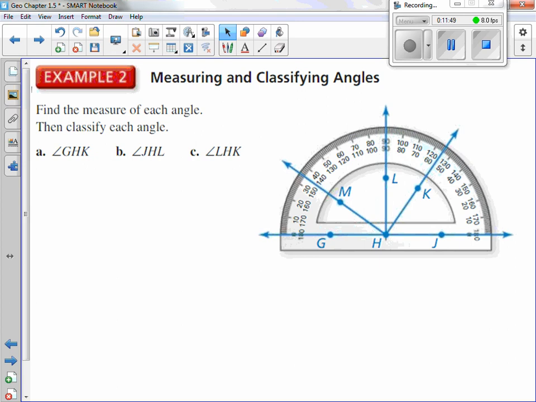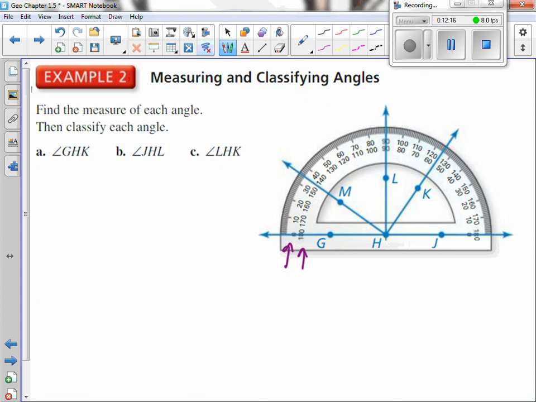Find the measure of each angle, then classify it. Now, at some points I gave out protractors and we measured angles, but we're not going to worry about that here because they gave us a nice little picture. So GHK. This is at 0, yes? Would I use the numbers on the inside of the protractor or the numbers on the outside?